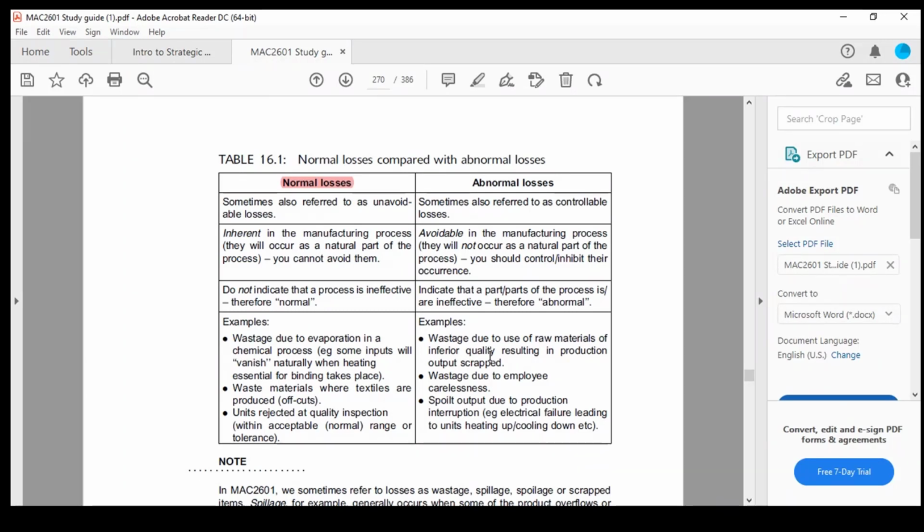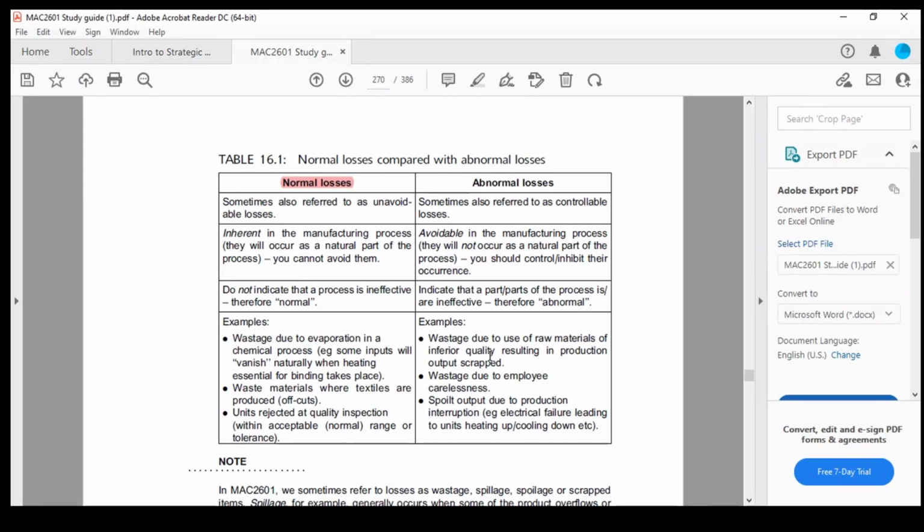I'm making an example. Or when you use people who are not skilled to use that machine, right? You have a machine, you know that you have to make this dress, but you hire people who don't know or who don't have the skill set to use the machine. What's going to happen? Going to have a lot of waste.